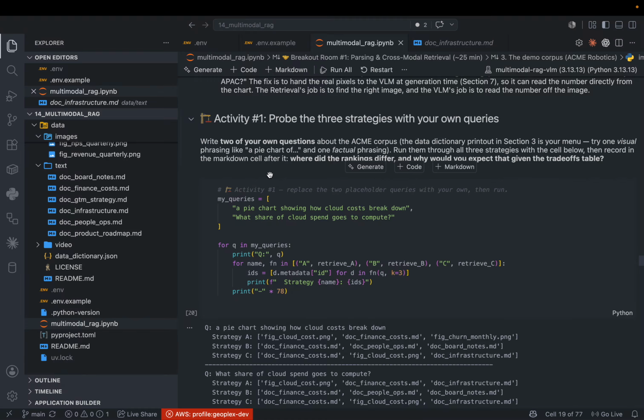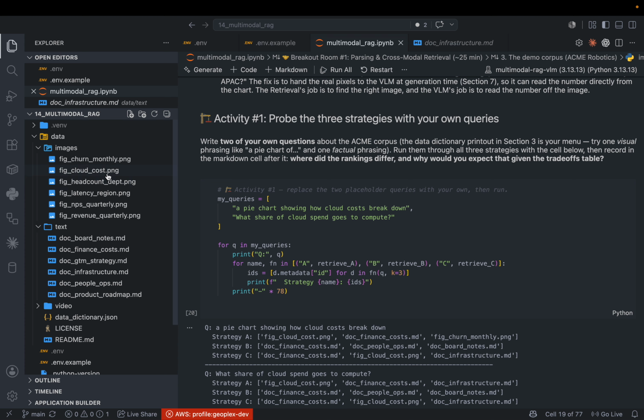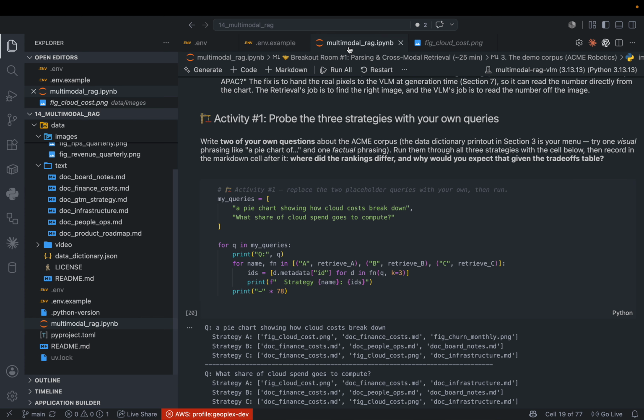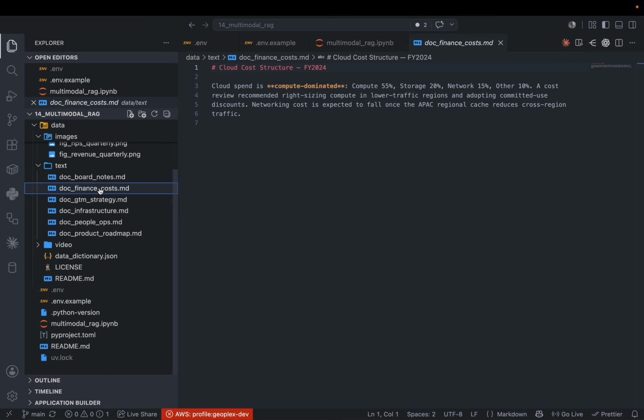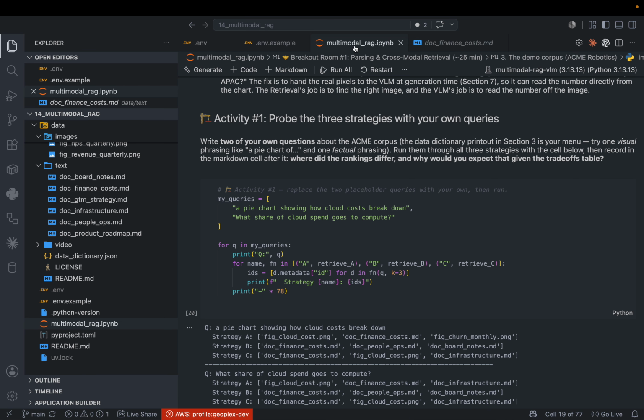So like a visual phrasing one, a pie chart showing how cloud costs break down. So we would expect this to be used. And then, what share of cloud spend goes to compute, which was based off the text that we would read in.